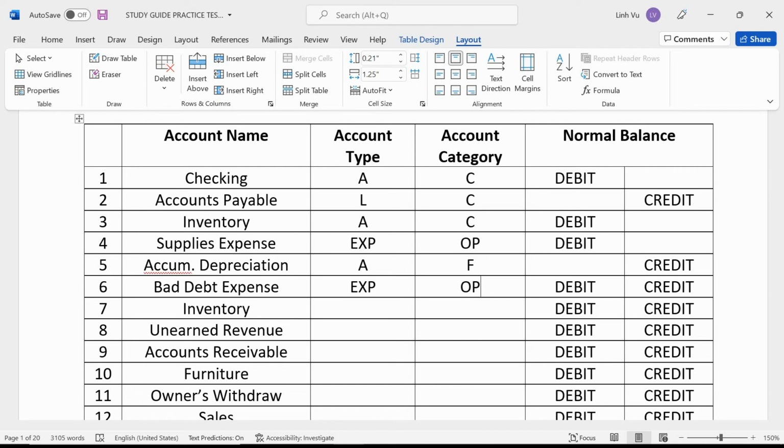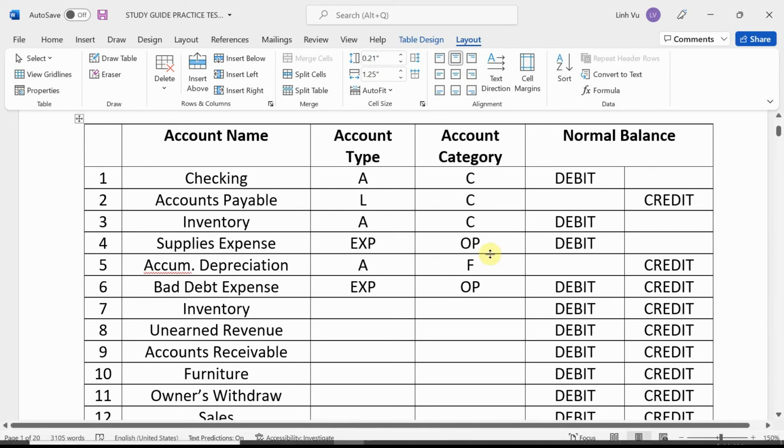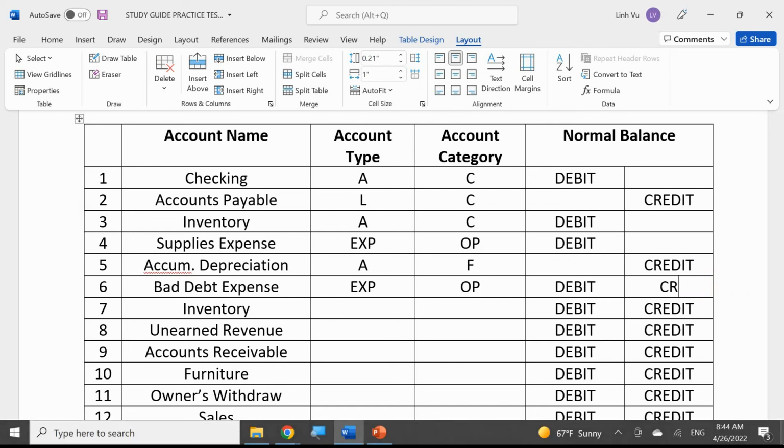And what normal balance would this normally have? Debit. Mm-hmm. You would definitely increase your bad debt expense with a debit.